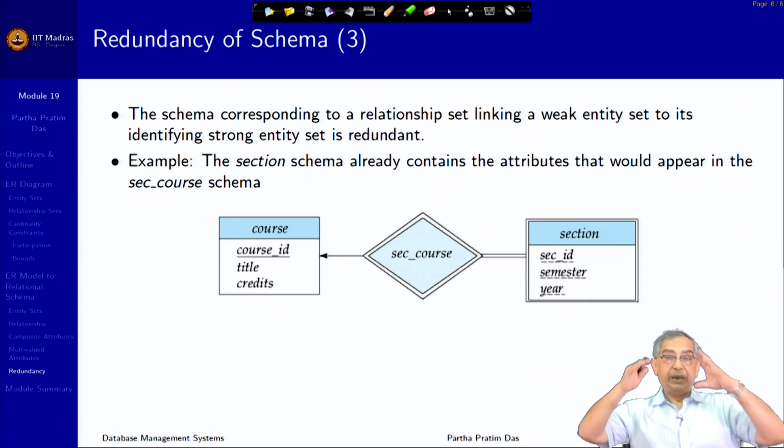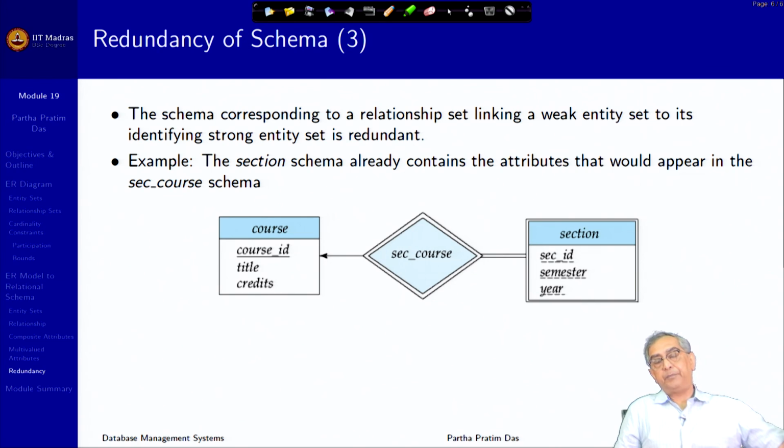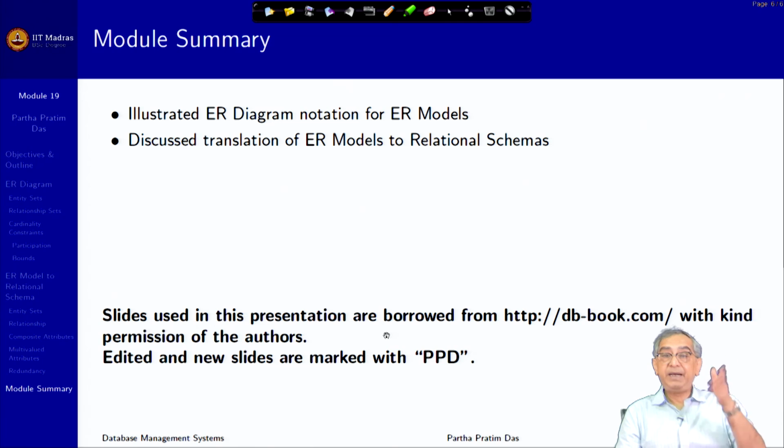Now, we are saying that weak entity sets discriminator, then the identifying relation, then the key, primary key of the strong entity set. After all these, I can just take the key of the strong entity set and put it in the weak entity set to make it a strong one and get rid of the identifying relationship.